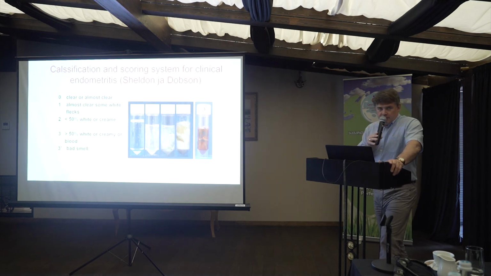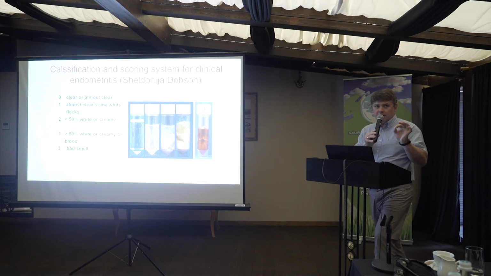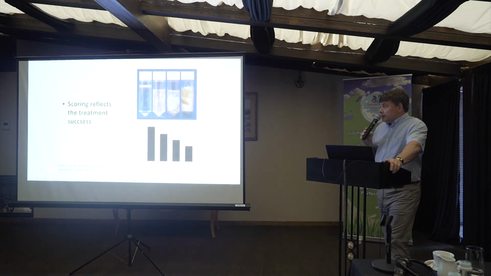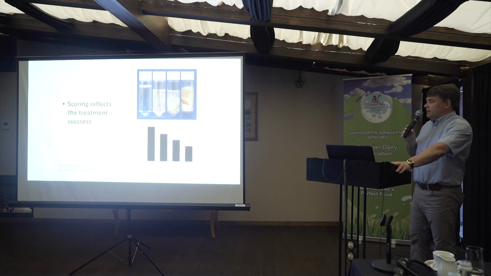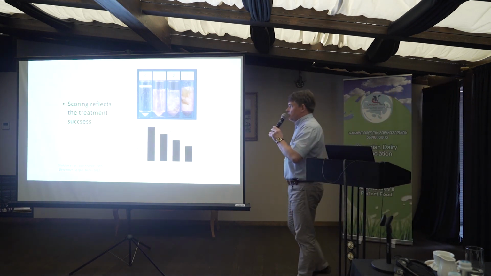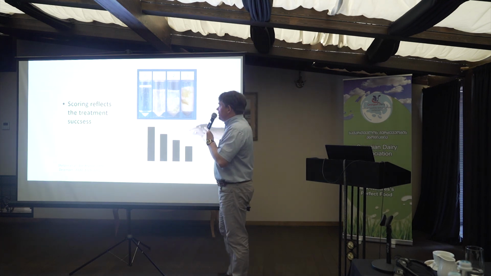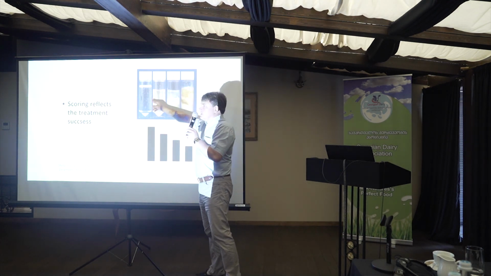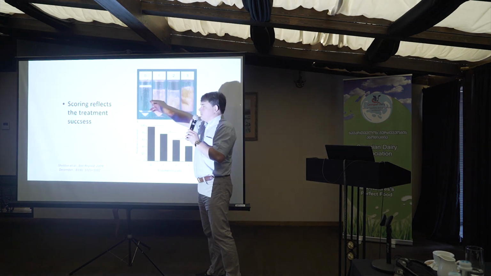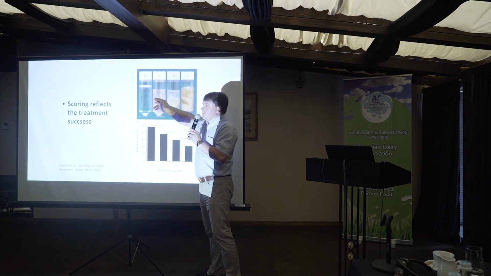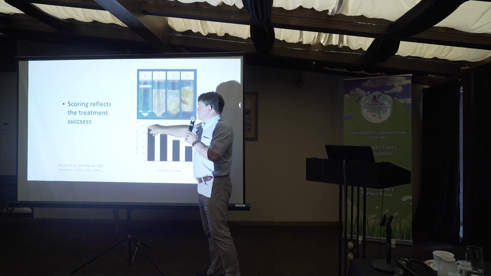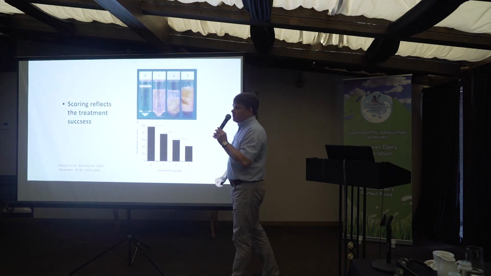But why is it important to know exactly what kind of discharge there is? The reason is here. The same researchers tested treatment schemes according to discharge. If you have a discharge like this, my question is whether we should treat at all, but even if we treat animals with such a discharge, the pregnancy rate after treatment will be almost 100%.